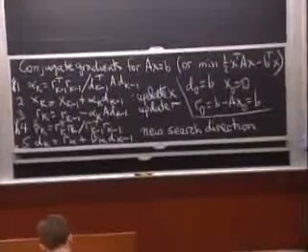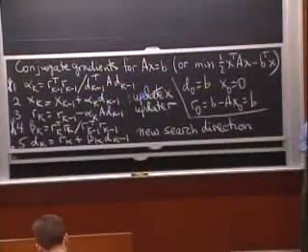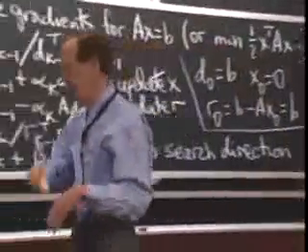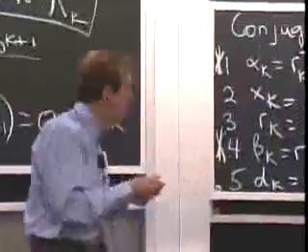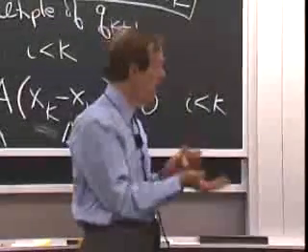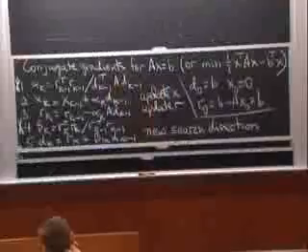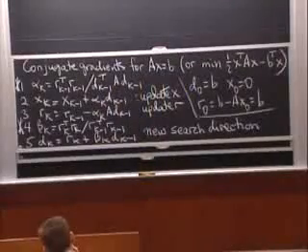So I'm ready to take a step. I know the ones with subscript 0, and I'm ready for the next step. I know the ones with subscript K minus 1, and I'm ready for this cycle, K.